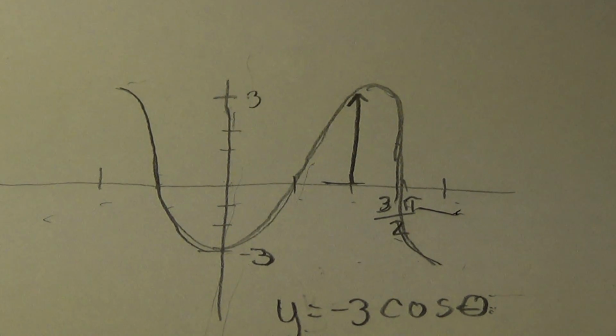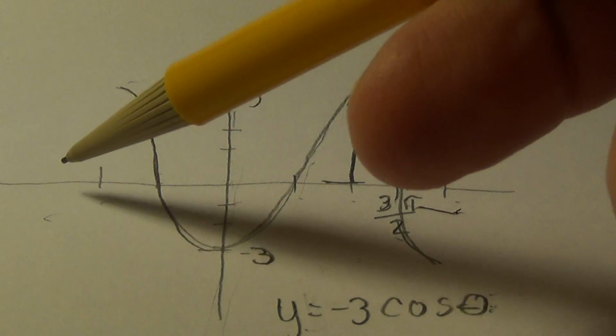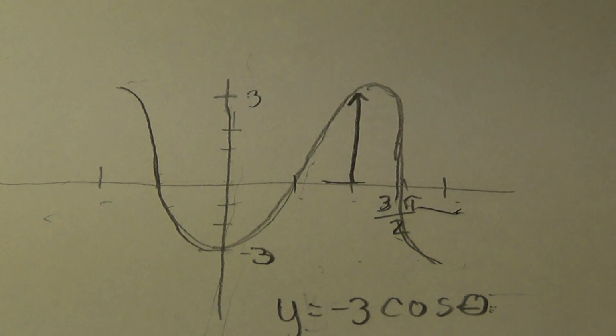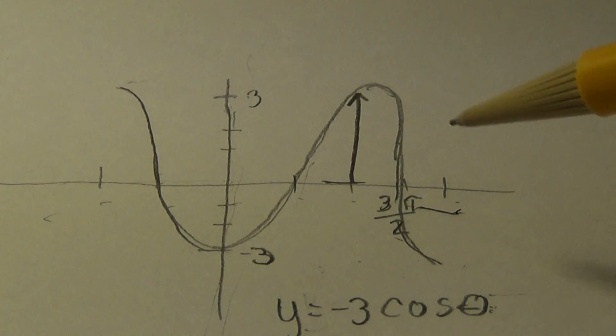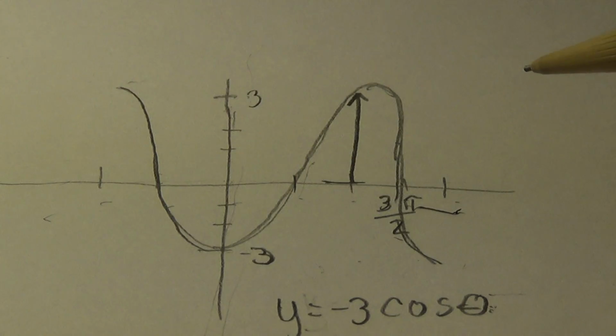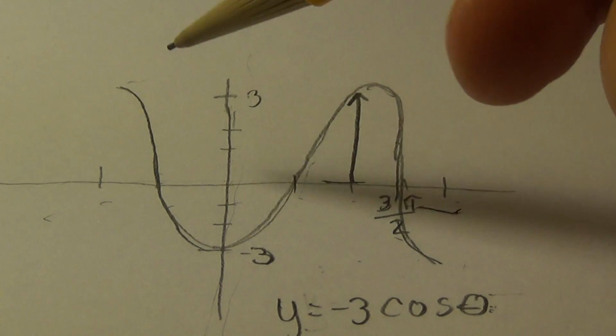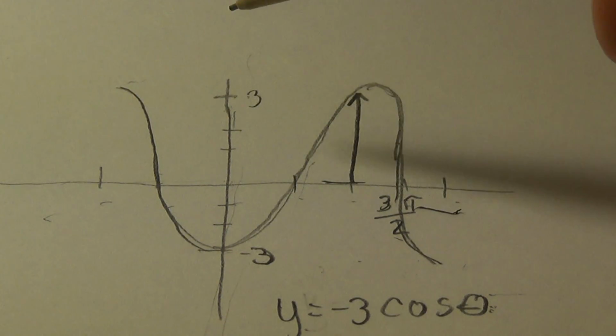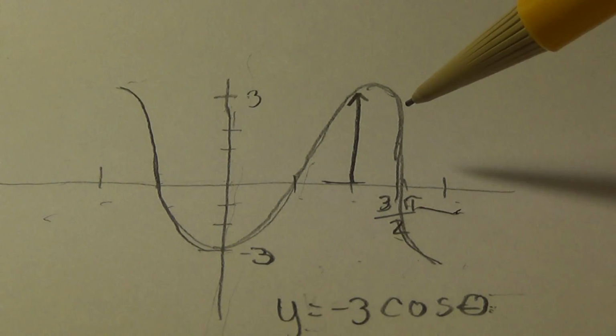And the only other thing I should check, I can see it hasn't been moved up or down because the center line is the x-axis. Has this been stretched? The way you can tell is to look at the period, and there are different ways you can do it.